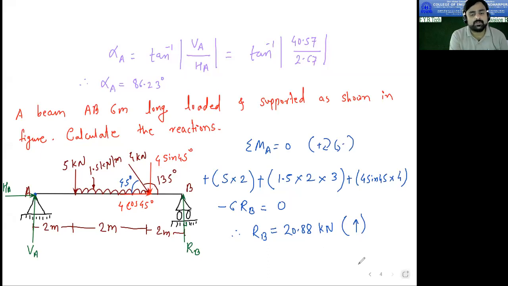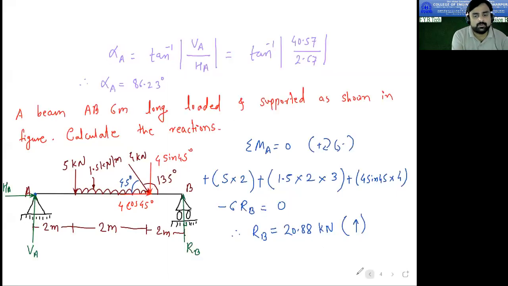Now apply summation Fy equal to 0. Upward plus, downward minus. So here you can see this VA is moving upward, so plus VA. 5 is moving downward, minus 5. Then this 1.5 into 2, that is the conversion of UDL into the point load, this force will move downward.